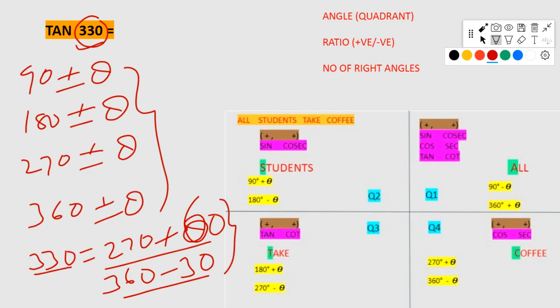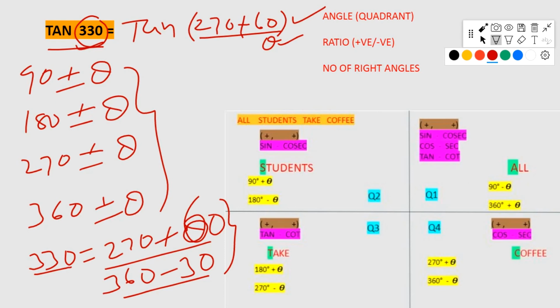Here tan 330 can be written as 270 plus 60. Tan 330 equals tan of 270 plus 60. Now here the angle is 270 plus 60. Here 60 degrees is taken as theta.